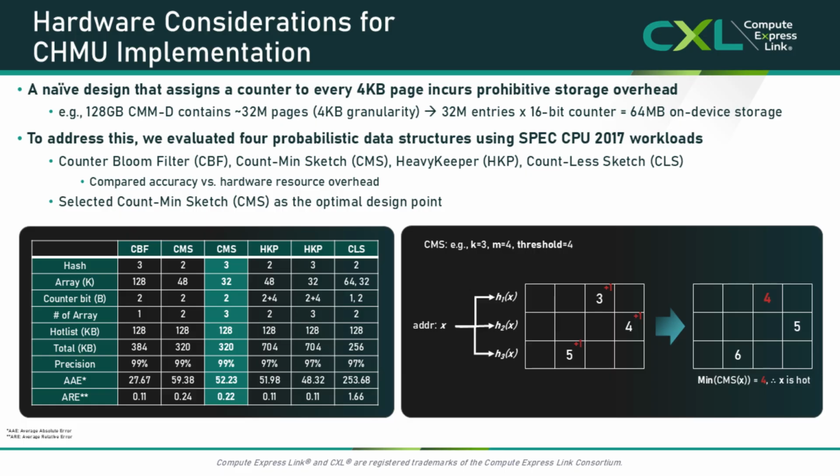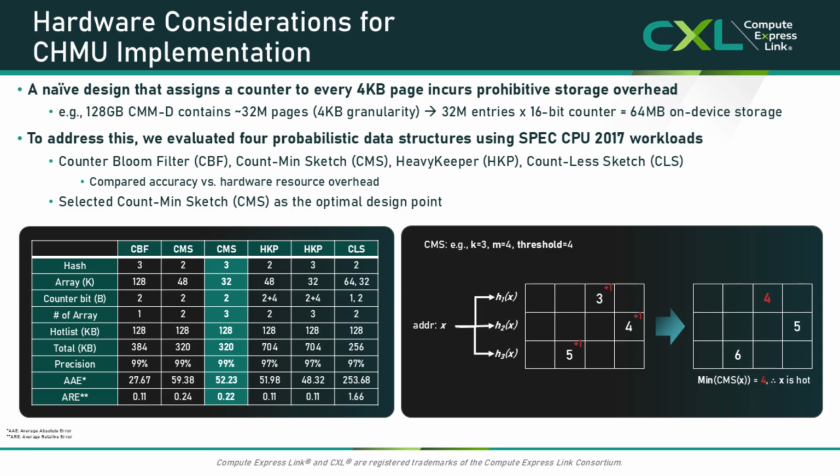To address this, we changed our approach. Instead of tracking everything exactly, we adopted a probabilistic estimation method. After evaluating several probabilistic data structures, we found that count-min sketch provides the best trade-off between accuracy and hardware cost.